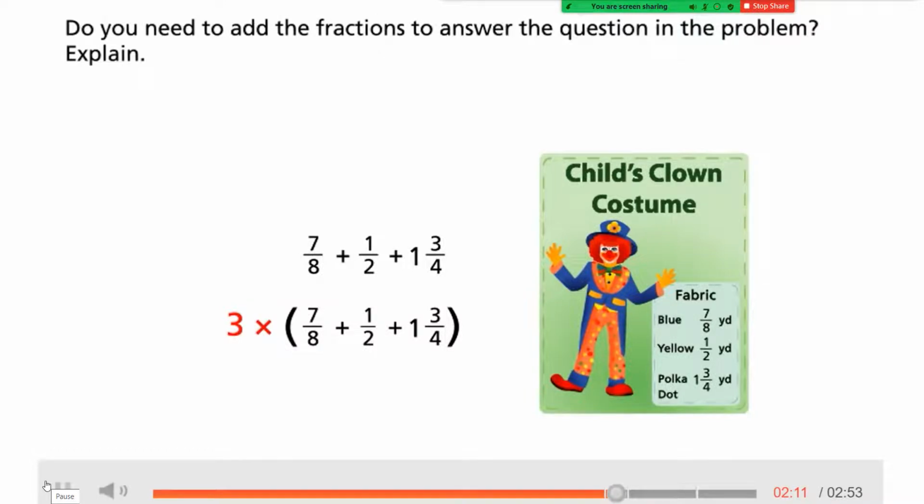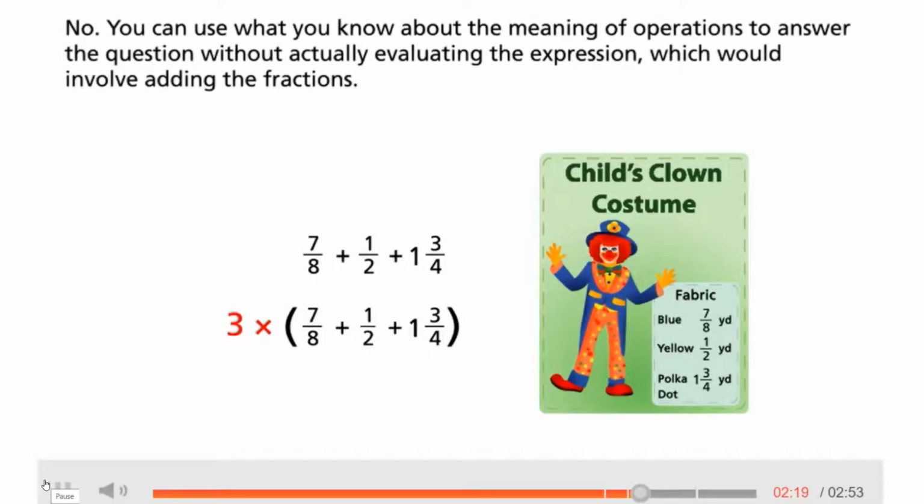Do you need to add the fractions to answer the question in the problem? Explain. No, you can use what you know about the meaning of operations to answer the question without actually evaluating the expression, which would involve adding the fractions.